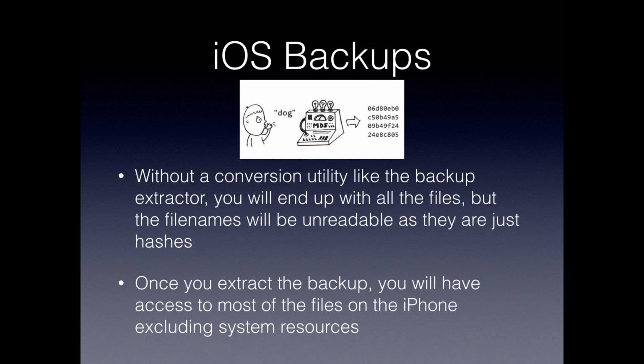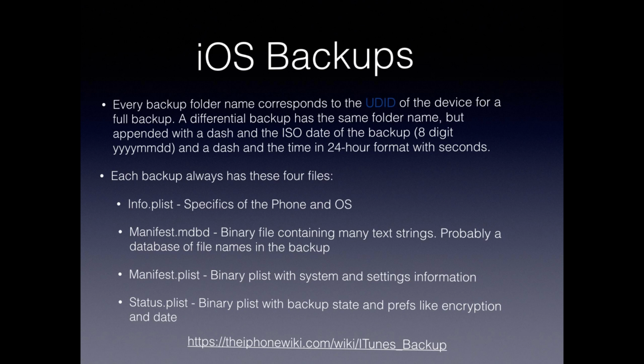But those file names are going to be unreadable as they're just hashes. So once you extract the backup, you have access to most of the files on the iPhone, excluding system resources and excluding any Cydia applications that you've installed. If you want to see the backups of all your Cydia applications, you're going to have to download a Cydia backup application from the Cydia App Store.